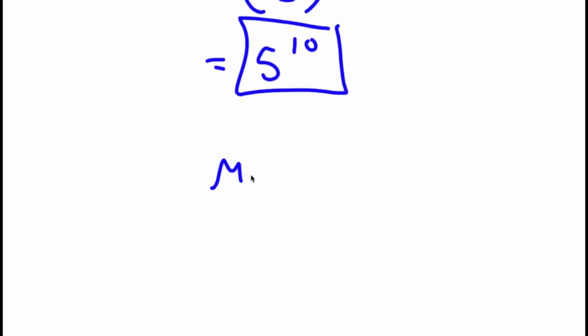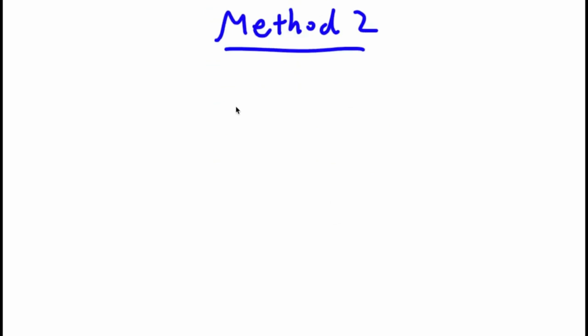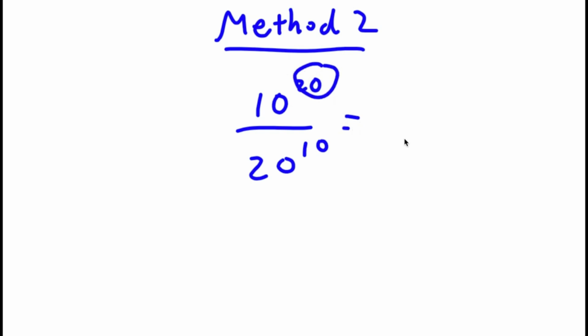Now, I actually have a second method of solving this problem. So for method 2, first start with 10 to the power of 20 over 20 to the power of 10. Now, 10 to the power of 20, this time I'm going to rewrite my exponent 20 here as 2 times 10.